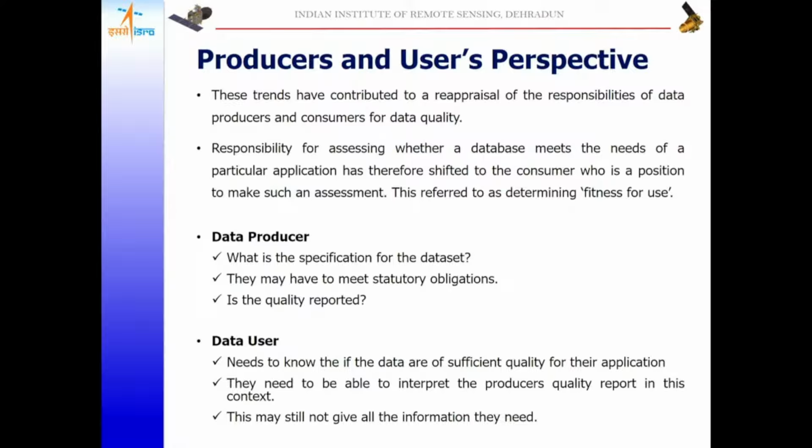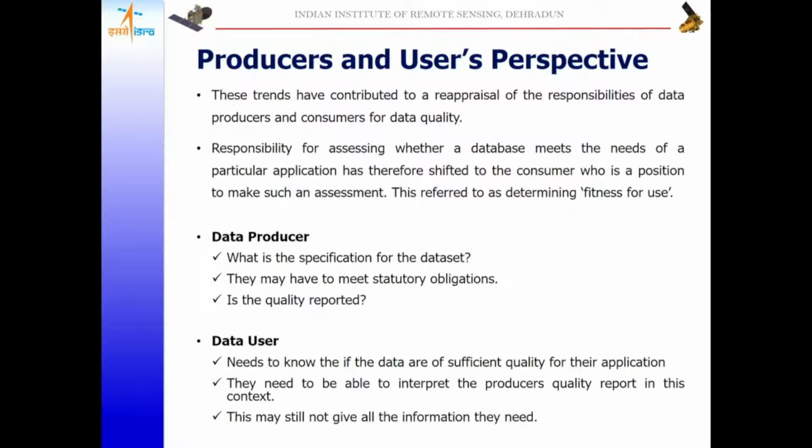Before any financial constraint, limitation, or agreement, we need to see what we are going to get and what they are going to give. And they need to be able to interpret the producer's quality report in this context. So they have to read and study the quality report provided by the producer, and based on that they can see whether the data is of good quality or not.